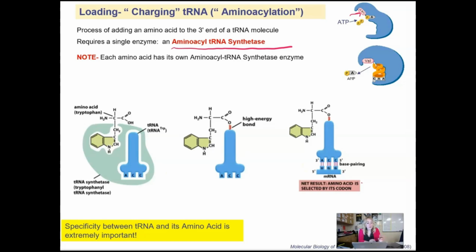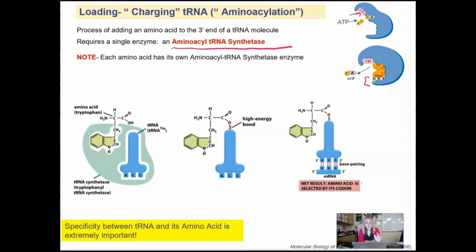The way tRNA is going to communicate with this enzyme is by forming hydrogen bonds between the anticodon and the R groups of the protein. So that's how they're going to know this is the actual match, and this is the tRNA that's supposed to be sitting in the site to be able to attach the amino acid to it.